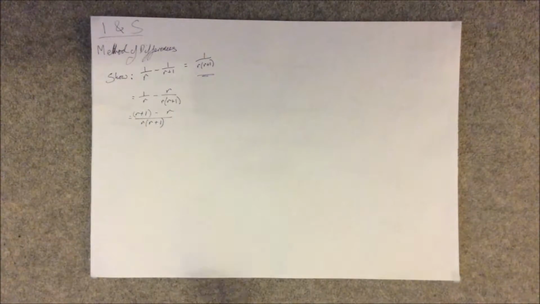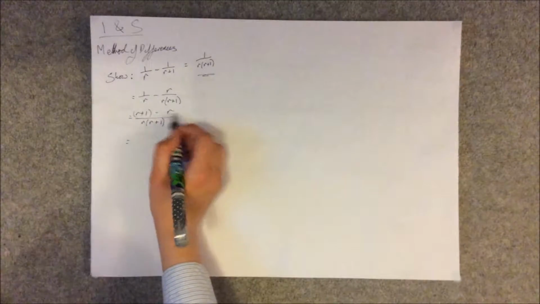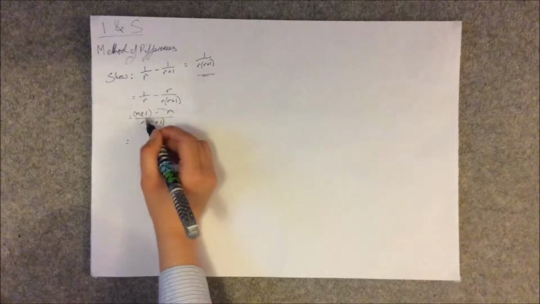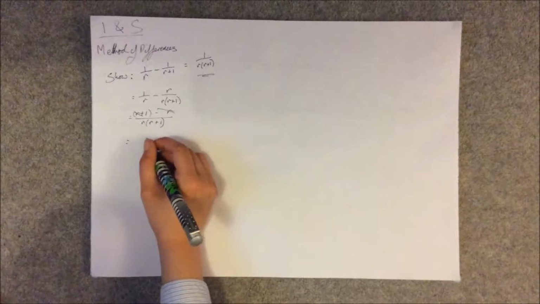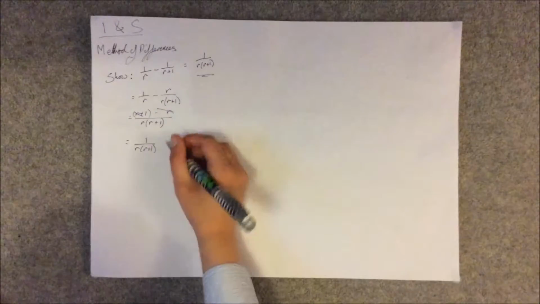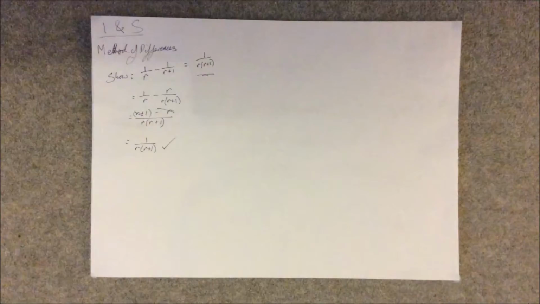Because they will now have the same denominator, you can simply combine the numerators into one longer function over the denominator. And from here you can simplify the top, so it's r plus 1 minus r. The r's cancel each other out, because it's positive r and negative r, so you're left with 1 over r plus 1, which is what we wanted, so yay, proved.